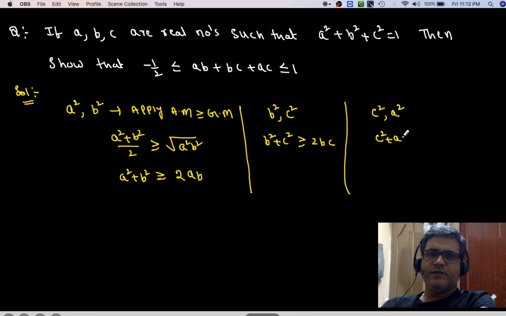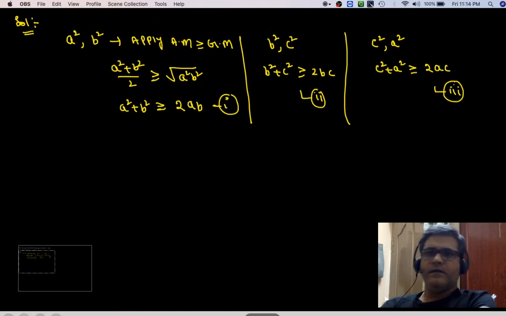Therefore, c square plus a square is greater than or equal to 2ac. Now, this is 1, this one is 2, this one is 3. Now add these three inequalities. Then what you get?